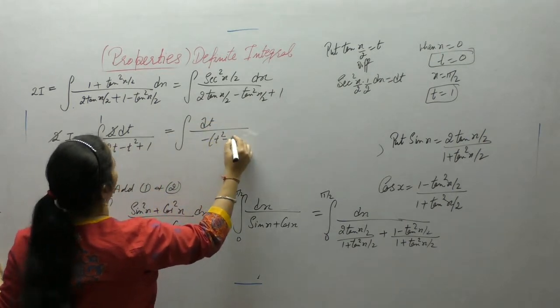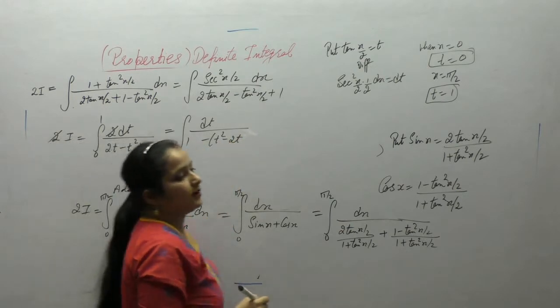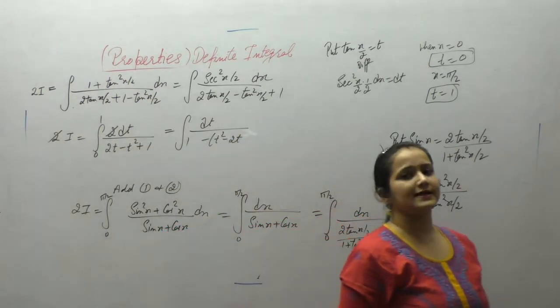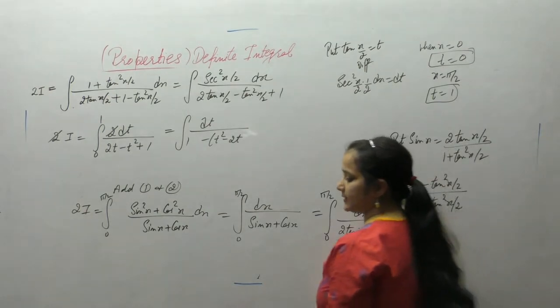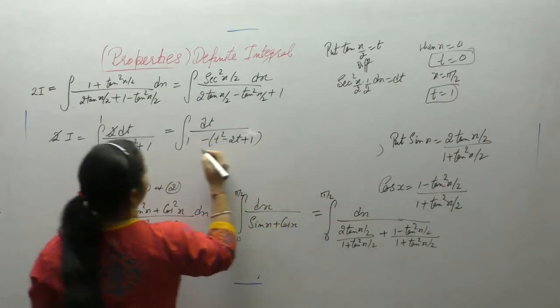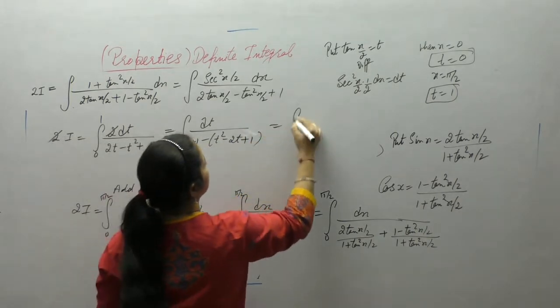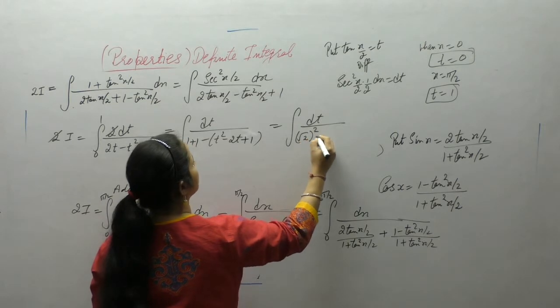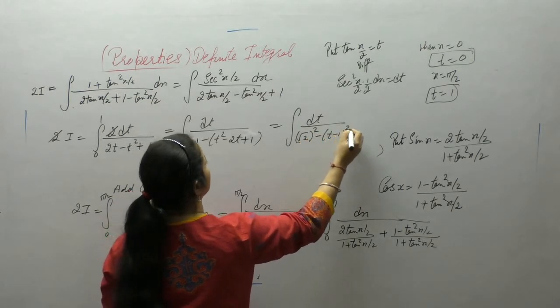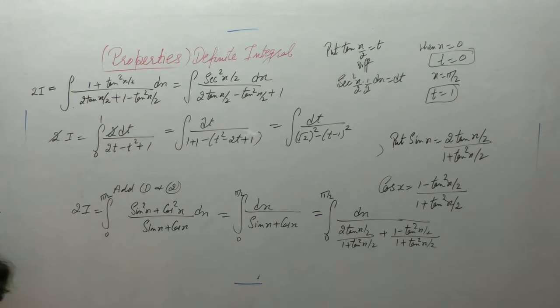Take out the negative sign: t square minus 2t. To complete the square, add and subtract half the coefficient of t, that is 1. Add and subtract 1 here. We can write 2 as root 2 whole square minus t minus 1 whole square.